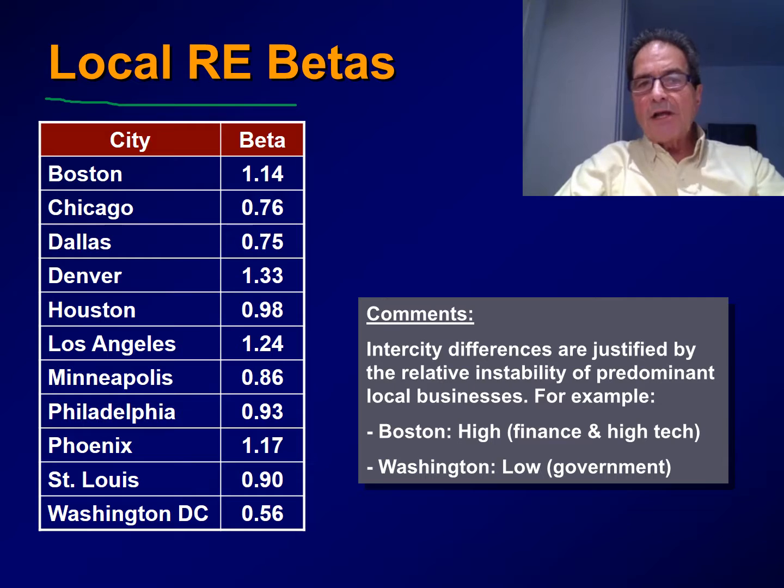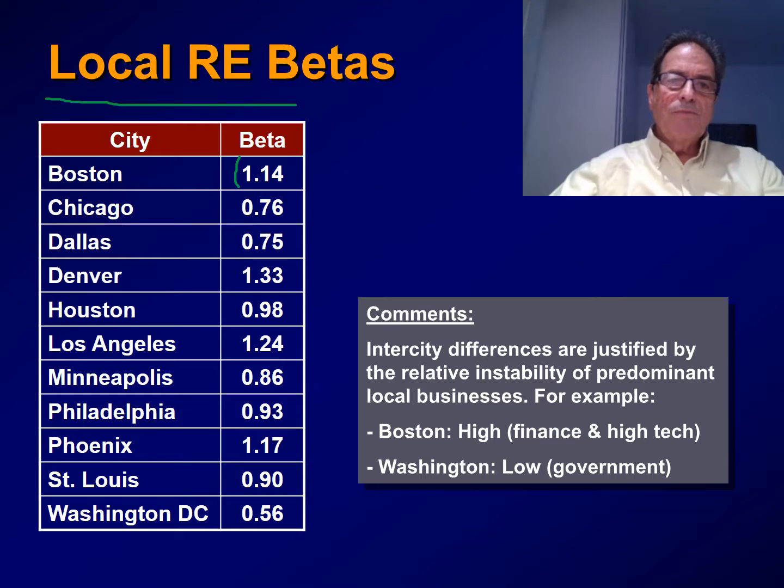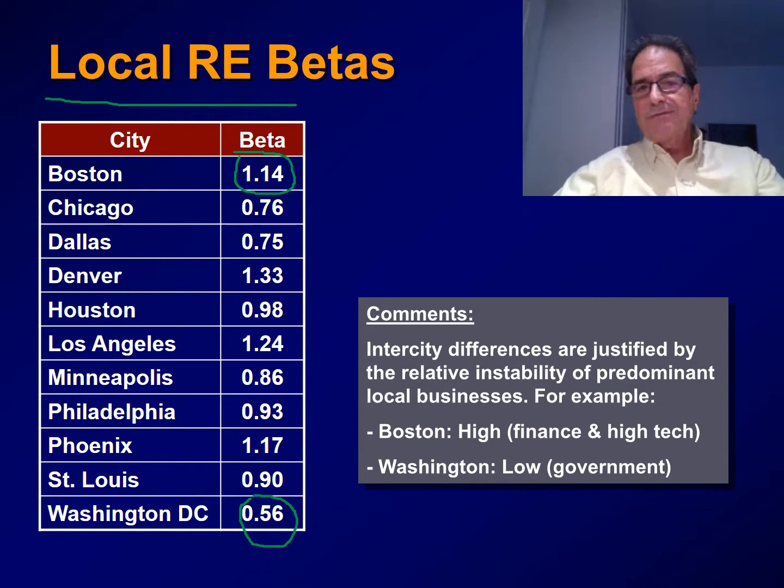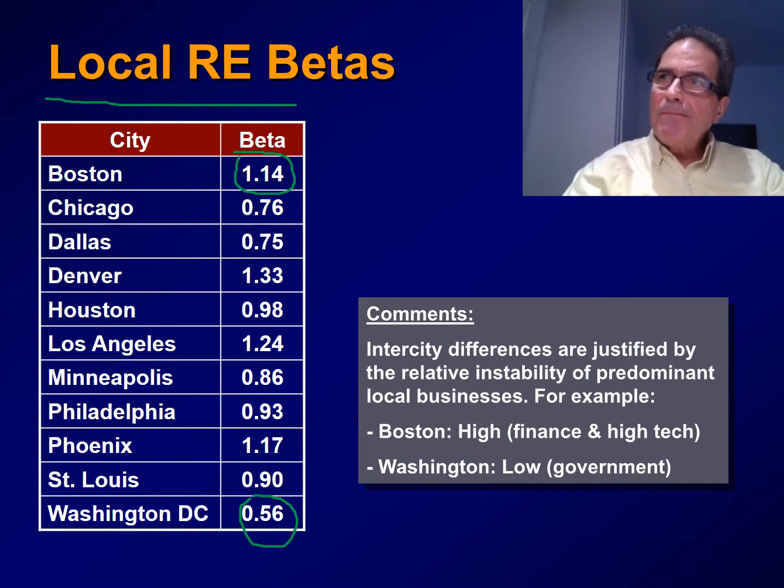We notice that there are substantial differences in city betas. If we pay attention, for instance, to the Boston beta and compare it with the Washington beta, we see that the Boston beta is much larger. Well, the reason for these differences stems from the relative instability of the main local businesses in each city.